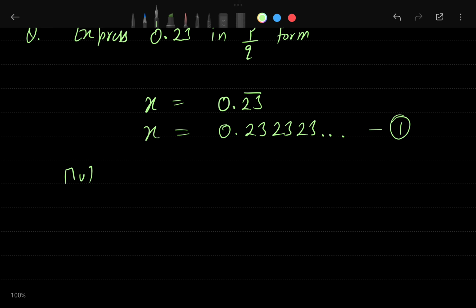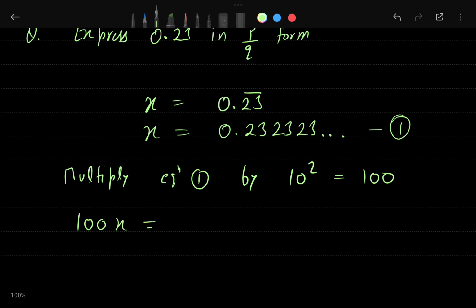Now I will multiply equation 1 by 10 to the power 2, that is 100. So I will get what? On the left hand side I will have 100x, and on the right hand side I will have 23.23... So again I want you to note that you need to write it 3 times.